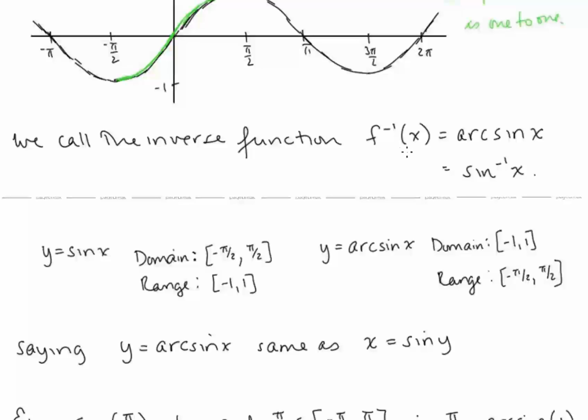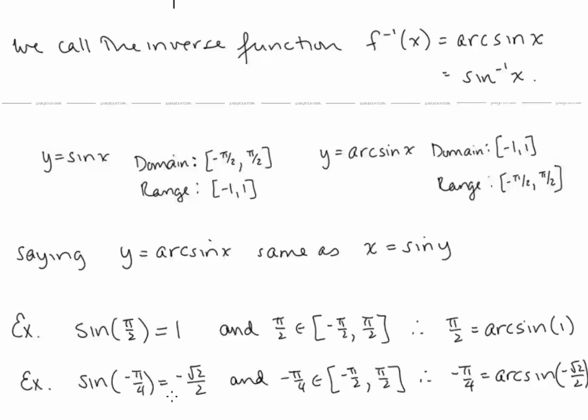So just to be clear about this inverse function, when we say y equals arc sine x, that's the same as saying x is equal to sine of y. For example, sine of pi over 2 we know is equal to 1, and pi over 2 is in the restricted domain.